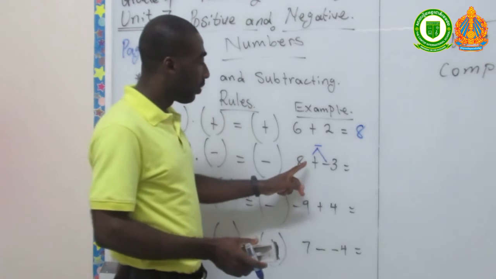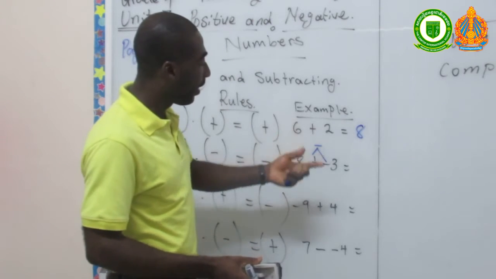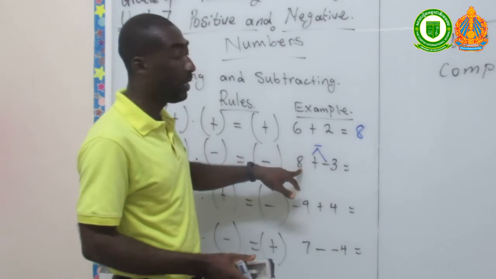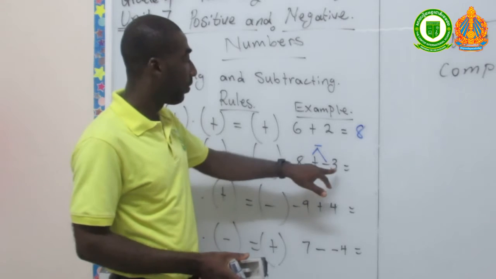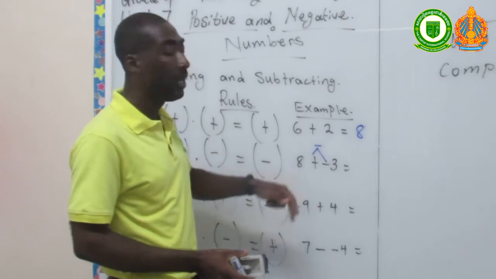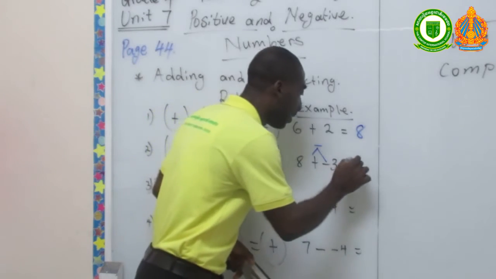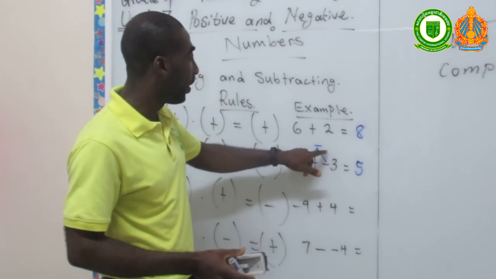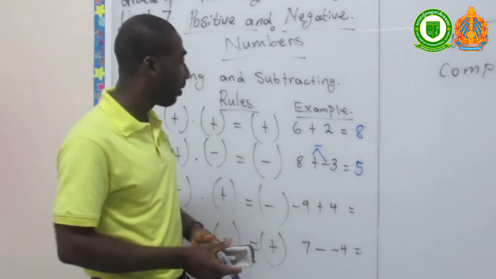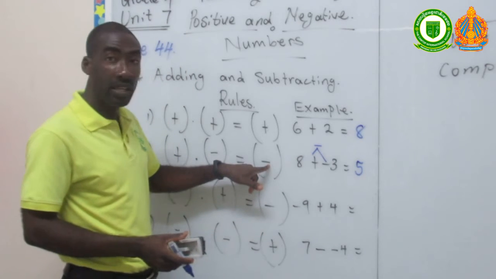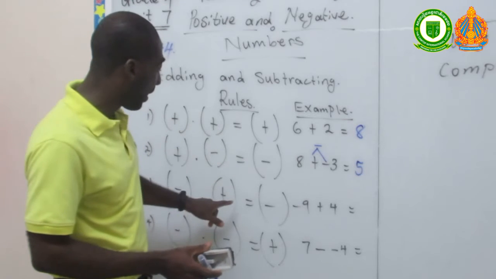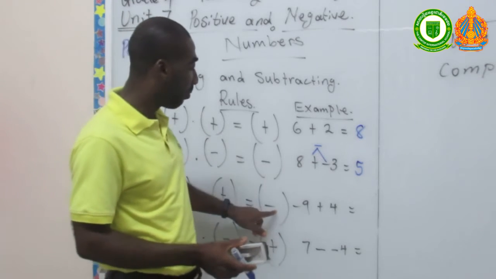So instead of thinking of 3 plus 8, it rather becomes 3 minus 8. So 3 minus 8 is going to give us negative 5. So the sign will change up here and then we have minus, and that is the sign that we have over here.